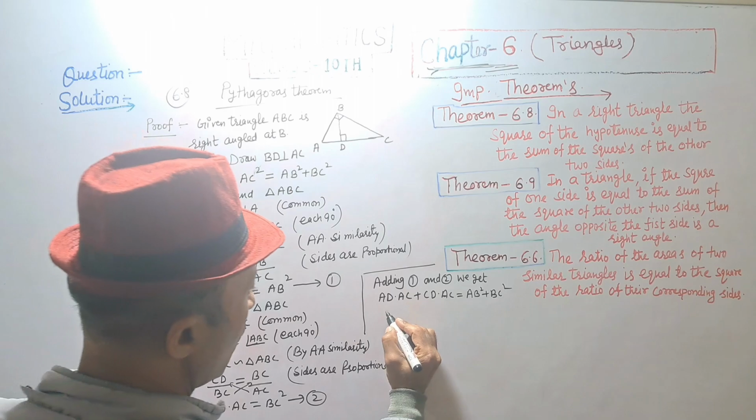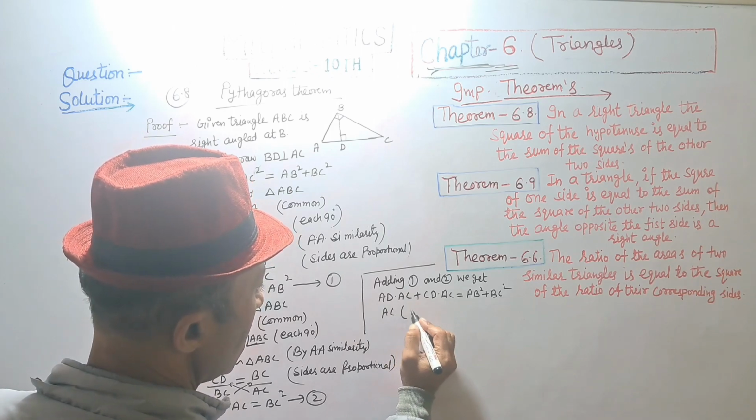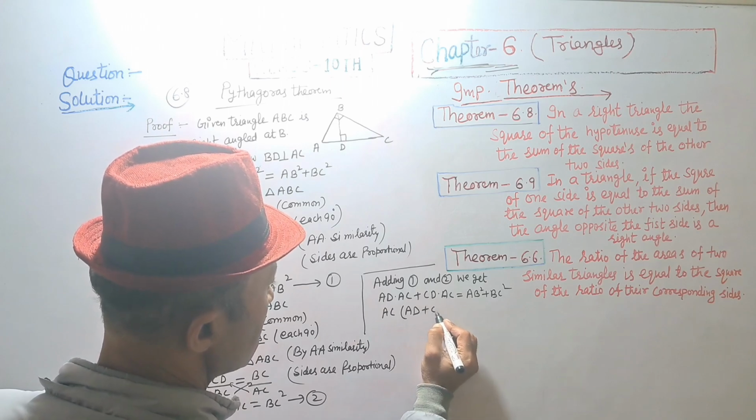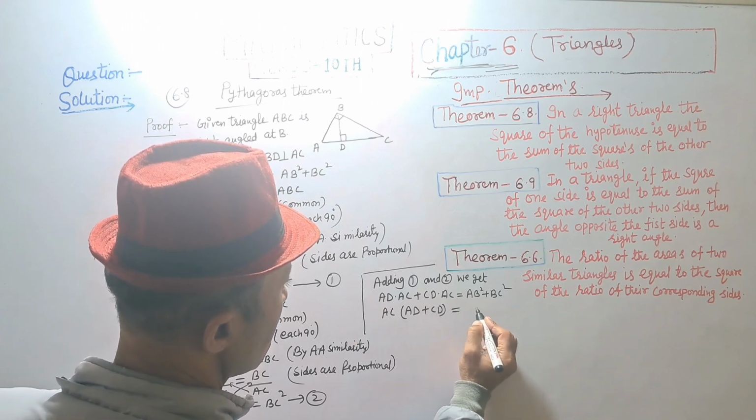Taking AC common, in bracket AD plus CD.